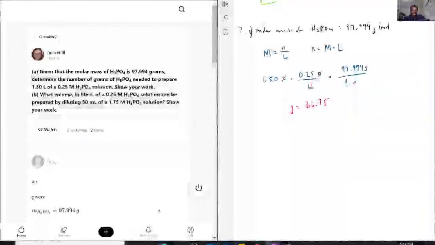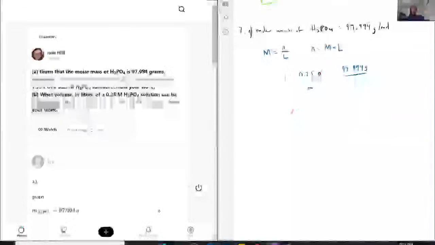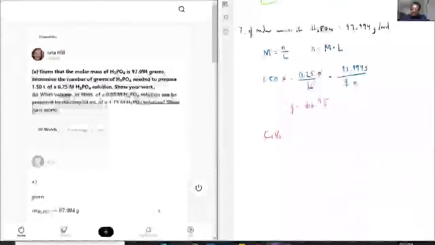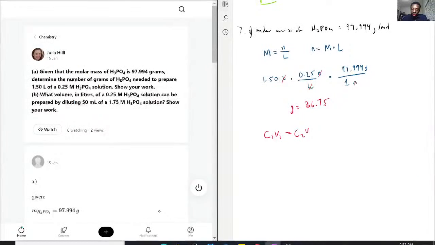And now the question is asking the volume in liters of a 0.25 molarity solution that can be prepared by diluting 50 mL of the 1.75 molarity solution. Okay. Now they're asking us to show our work. So with this one, we want to use this formula here: C1V1 is equal to C2V2.